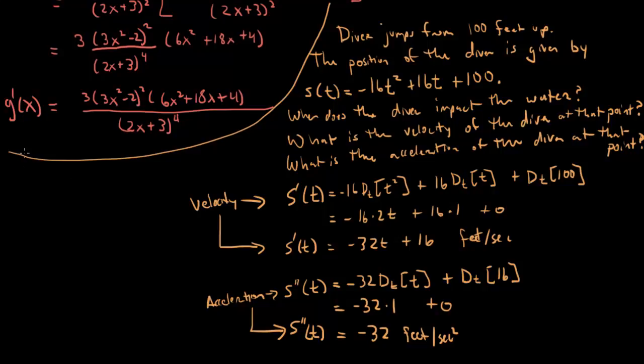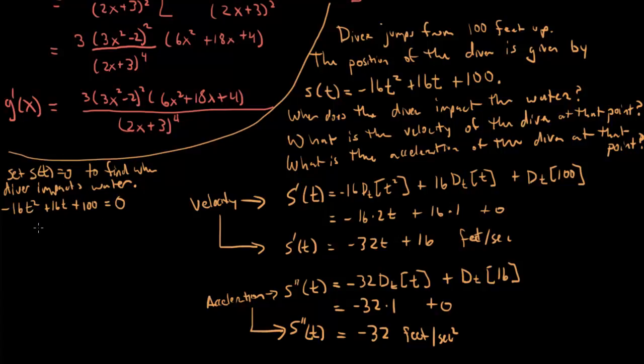So we set s of t equal to 0 to find when the diver impacts the water. Okay? So we could say negative 16t squared plus 16t plus 100 equals 0.